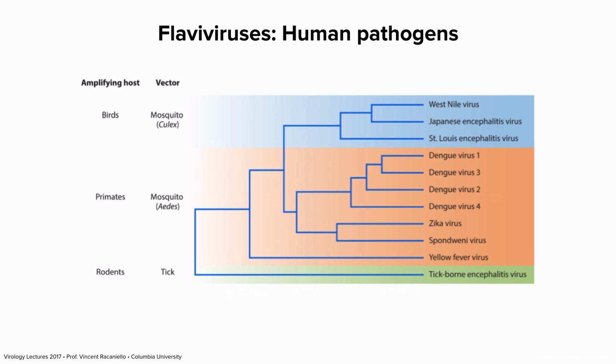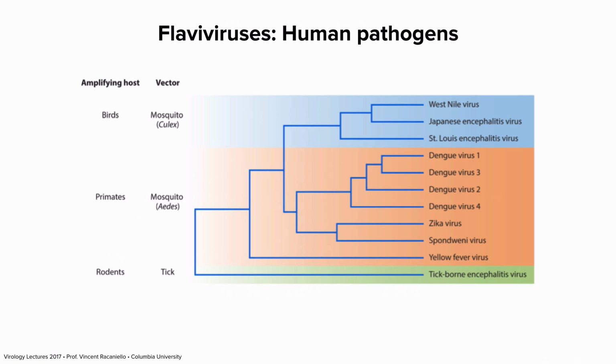encephalitis virus. These are all amplified in birds, so the viruses grow in birds. They're picked up from mosquitoes and transmitted among the birds. Occasionally they will infect people, and there can be outbreaks among people transmitted by mosquitoes as well. Obviously, West Nile is transmitted very well from person to person.